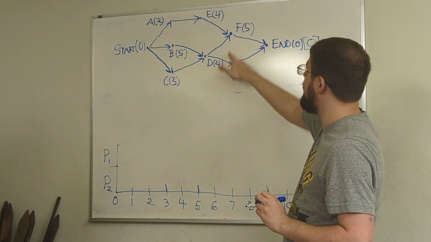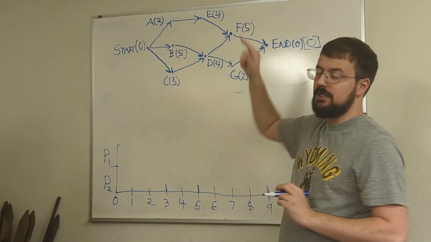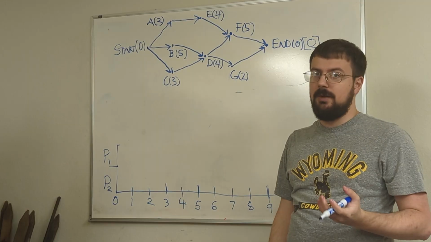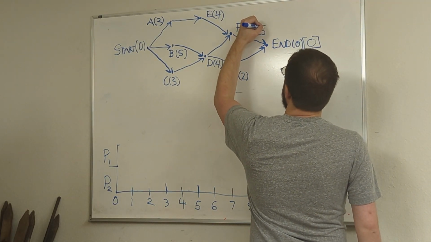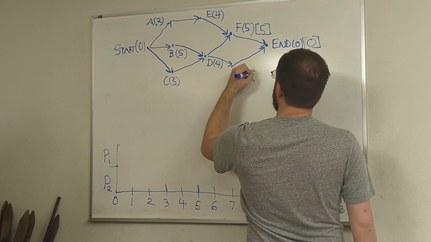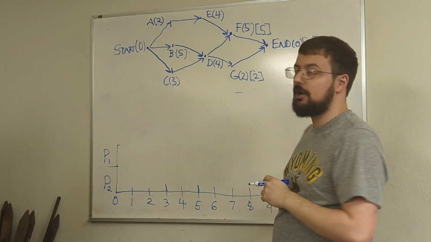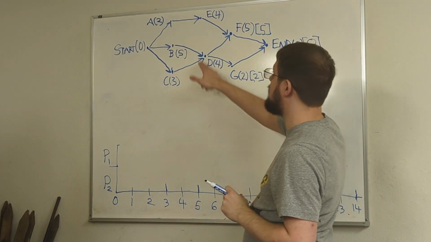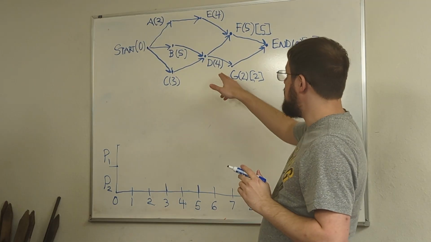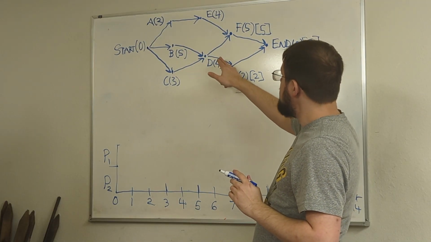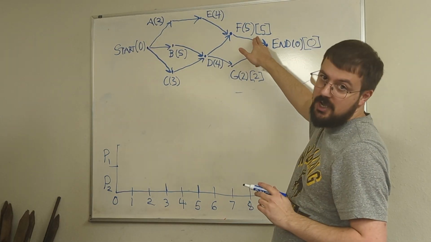So in this case, F and G both point just to the end. So the critical time is just going to be the processing time for those vertices. So that's 5 for F and 2 for G. If we work backwards from those, the next things that we see are D and E. So for D, D points to F and G, of which F has the higher critical time.